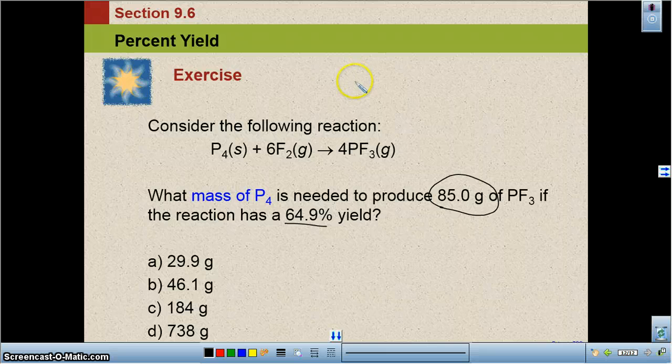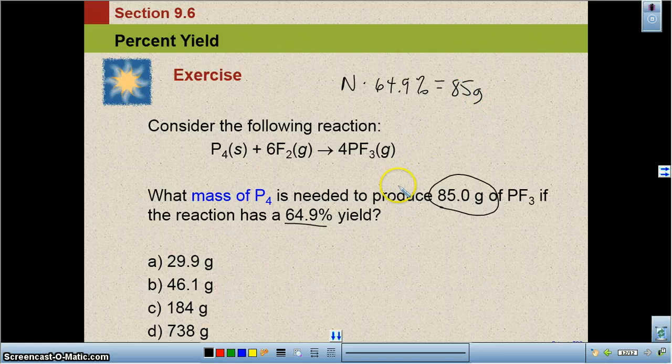So what are we asking ourselves? Well, if we think of it in mathematical terms, what we're saying is what number times 64.9% is 85 grams.